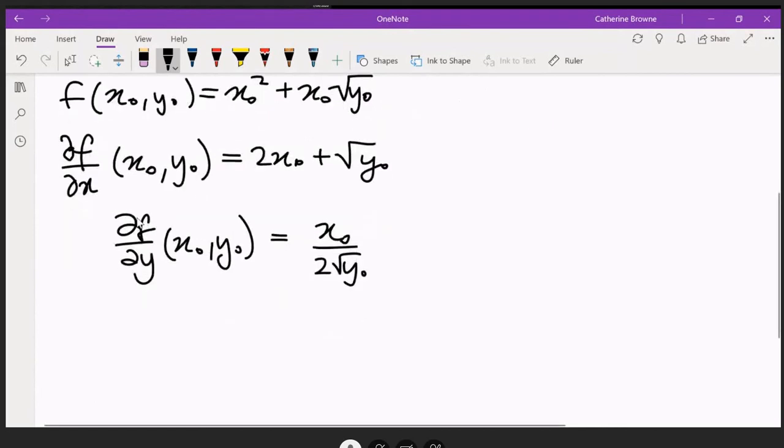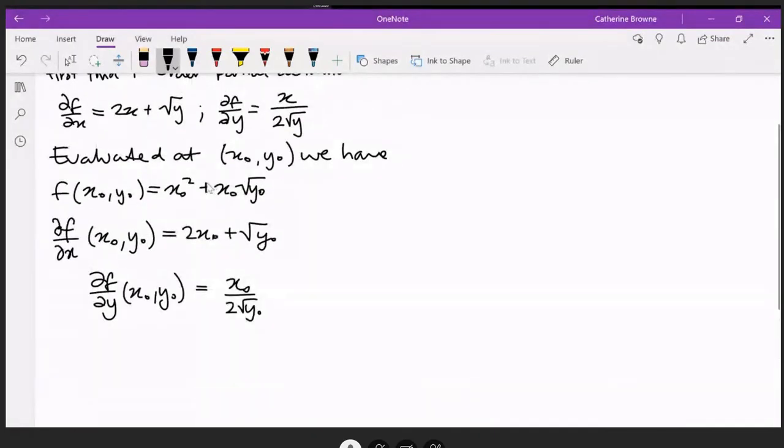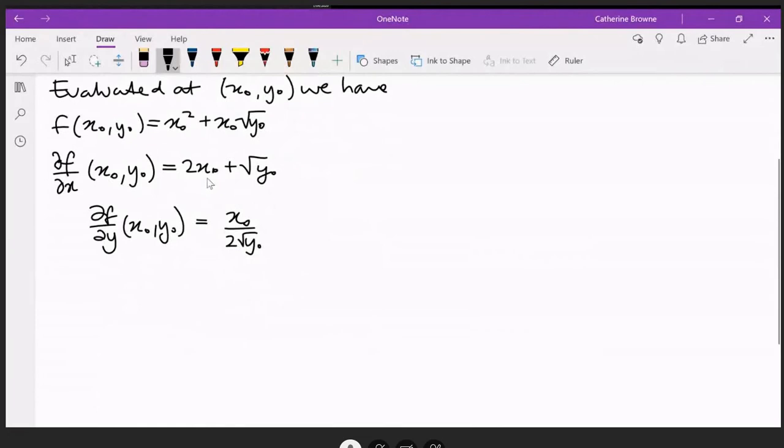And so now we have all that we need to substitute into the formula for this tangent plane equation.